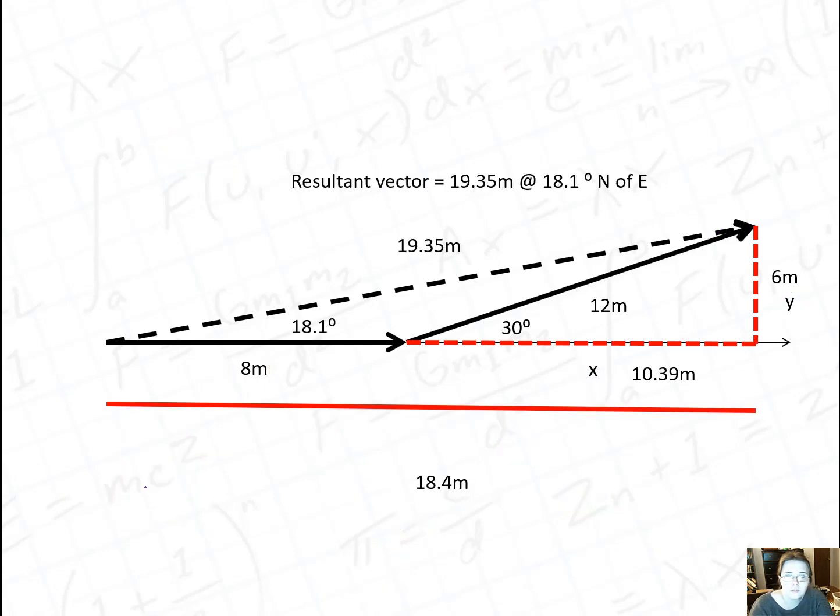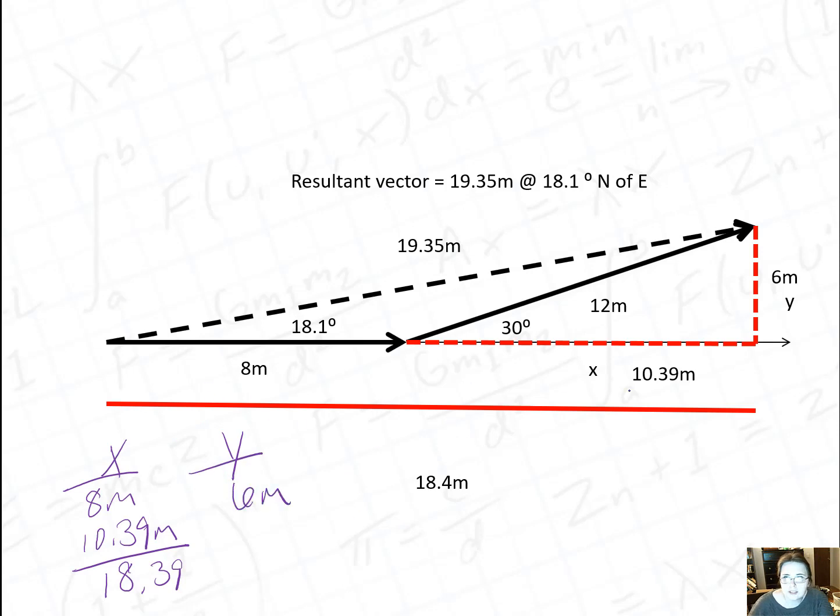Now you can see that when we add it all together, the x's were 8 meters and 10.39 meters, and we add them together and we get 18.39 or 18.4 meters. And the y part we add together, and that is equal to 6 meters.